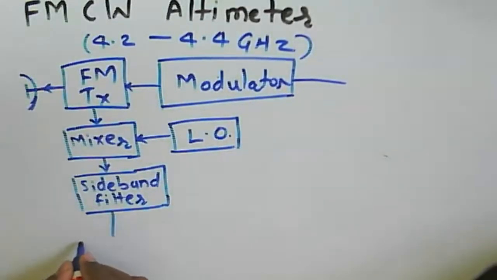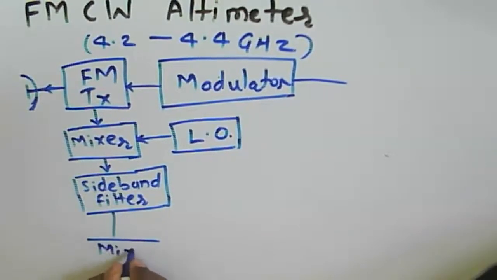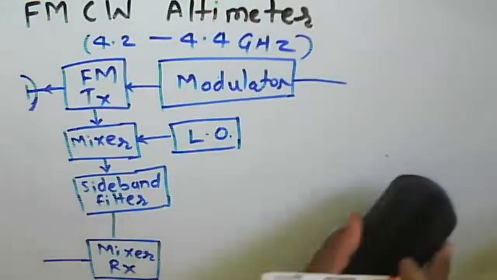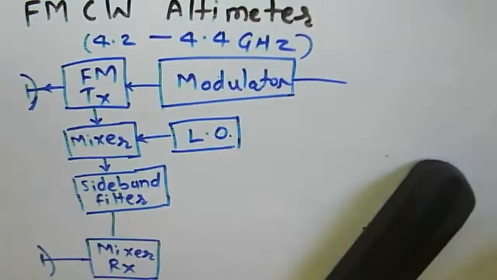Then we have a mixer. That mixer is for the receiver. This one is the mixer for the receiver. Then we have the antenna for the receiver.